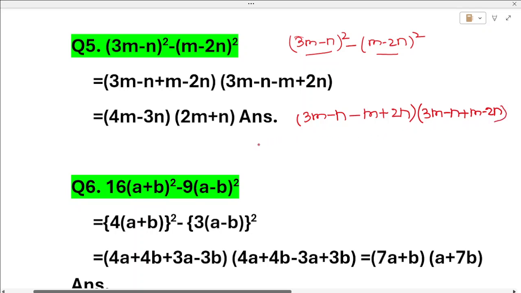Now 3m minus m is 2m, and minus n plus 2n is plus n. And 3m plus m is 4m, and minus n minus 2n becomes minus 3n.